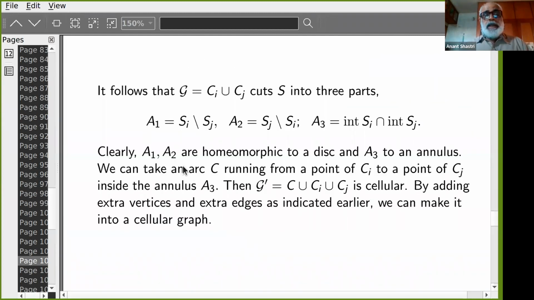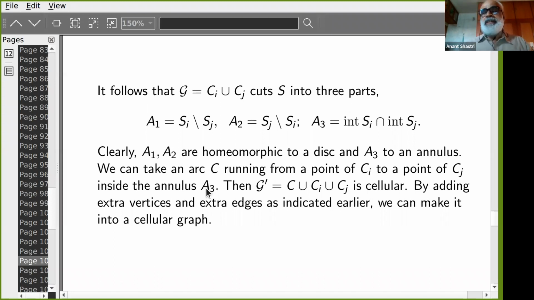So clearly, A1 and A2 are homeomorphic to a disk, whereas A3 is homeomorphic to an annulus. It's an annular region. So we can take an arc C running from a point of Ci to a point of Cj inside the annulus A3.